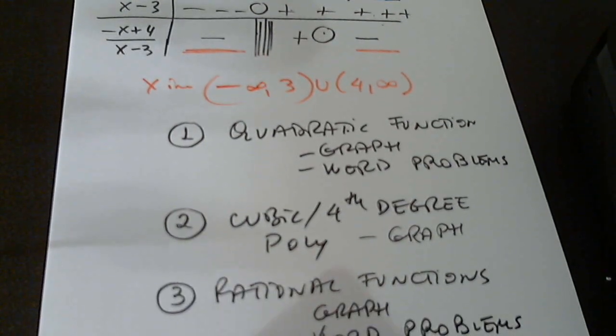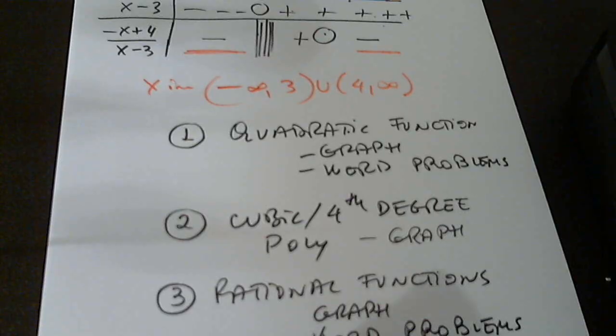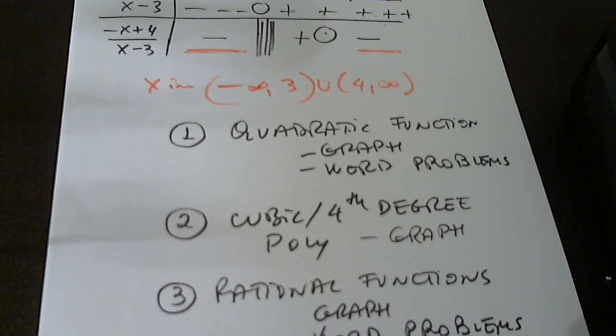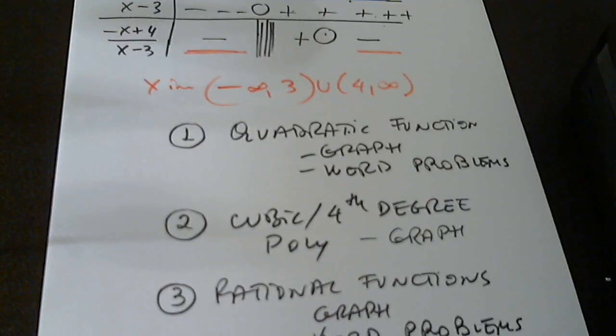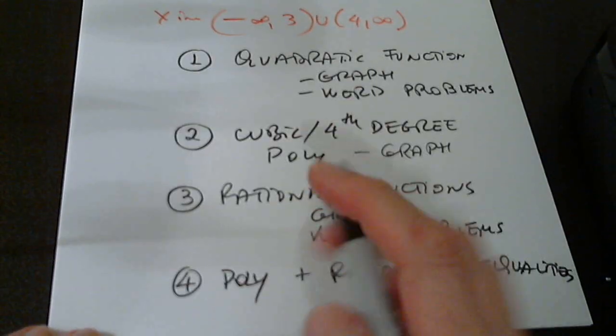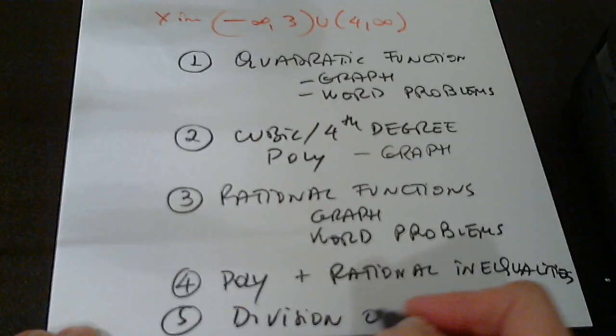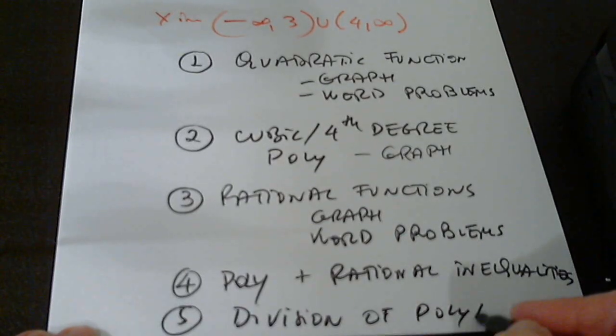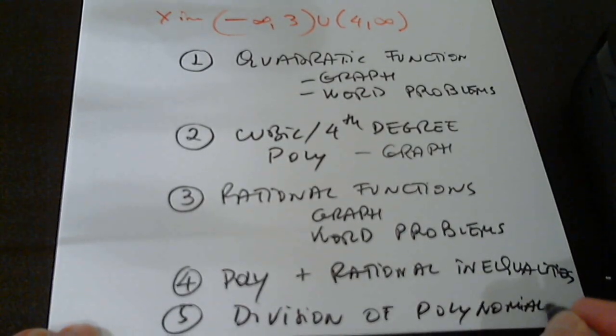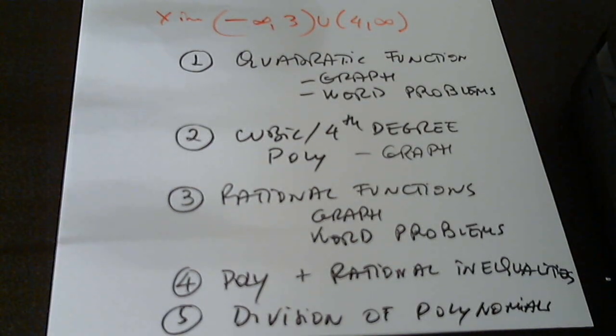And number 4, polynomial plus rational inequalities. That's it. Division of polynomials. That's it.